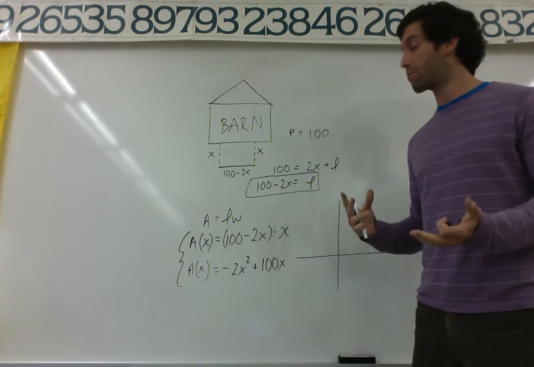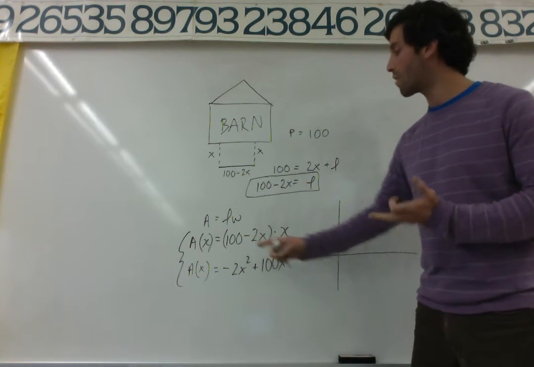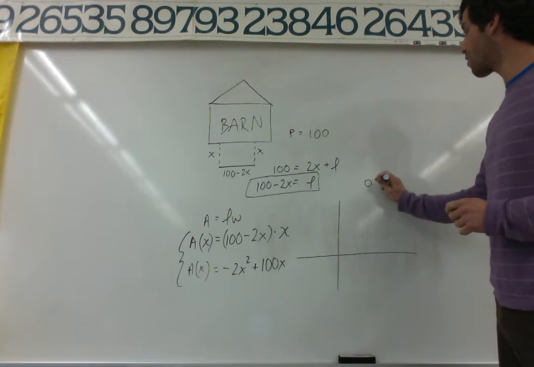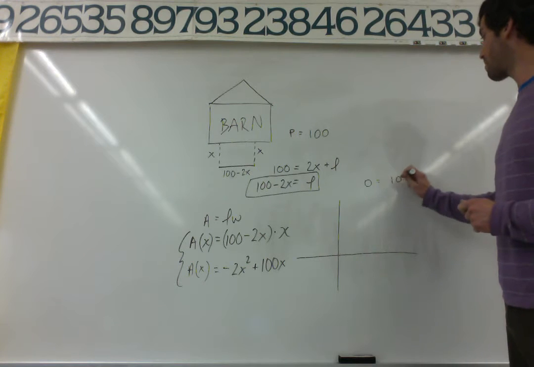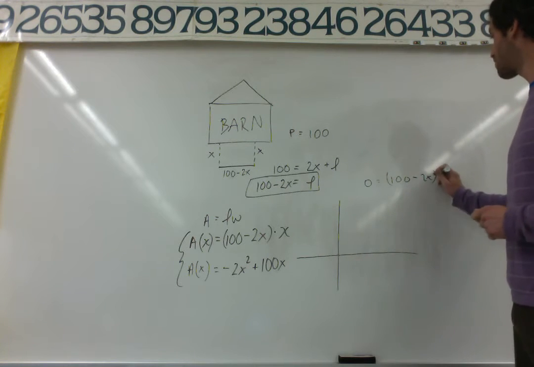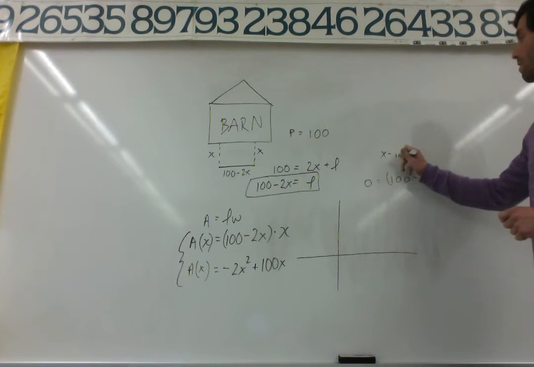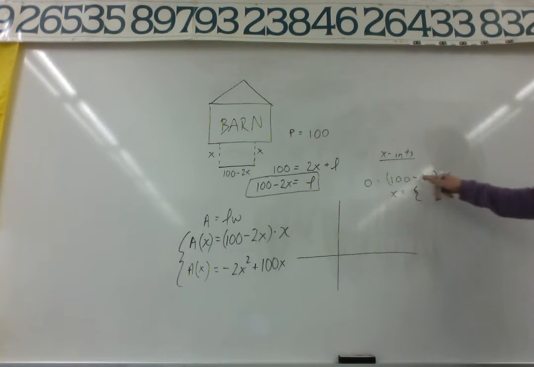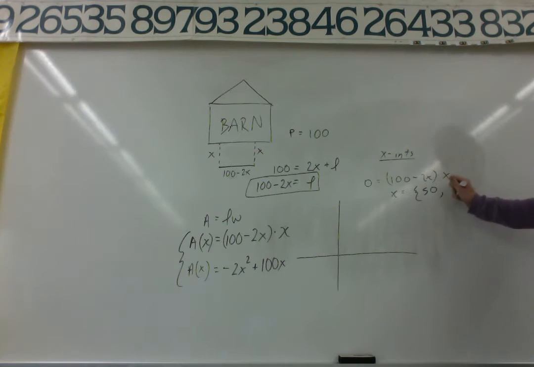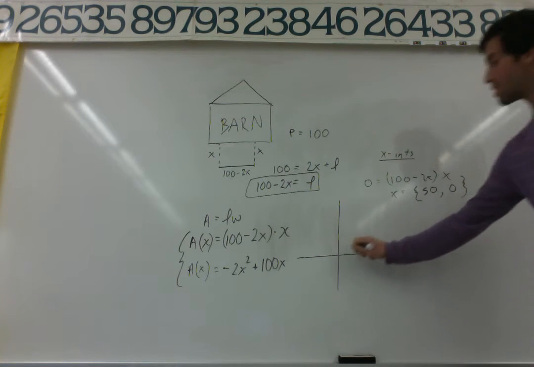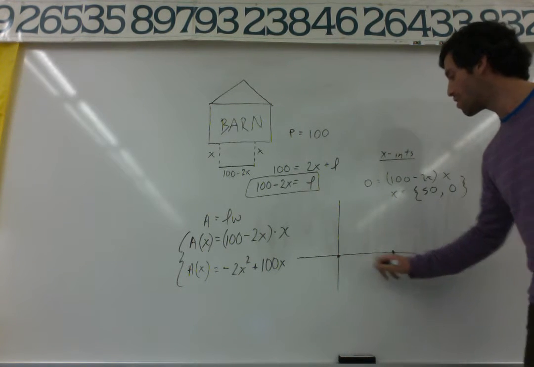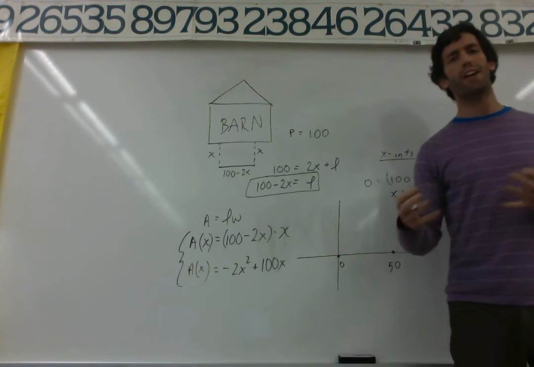But from here, maybe you're solving the equation 0 equals 100 minus 2x times x to find the x-intercepts, right? Well, it's already factored for you. If this factor is 0, you get x equals 50. And if x itself is a factor, you just get 0. So (0, 0) and (50, 0) are two of your x-intercepts. So it's kind of nice to go from the factored form.